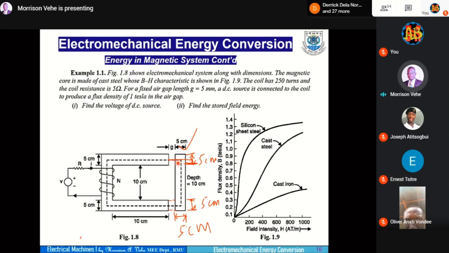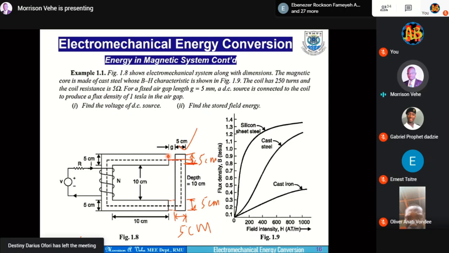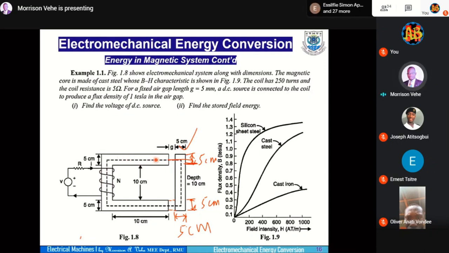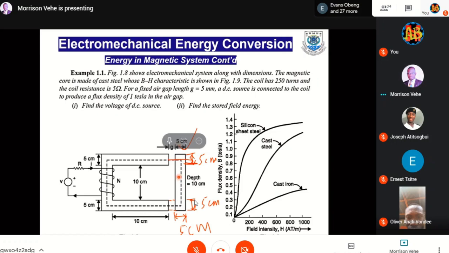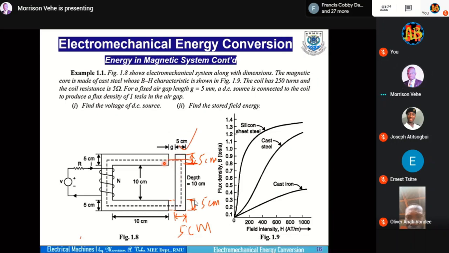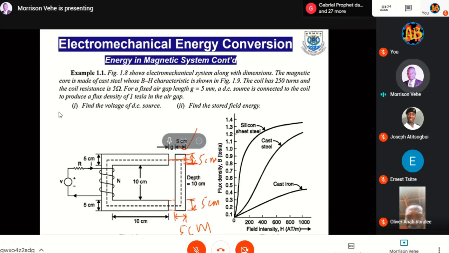These parts which are disjointed to this side have a space between them and the main core itself. That space is what we are calling the air gap. But if this is energized, flux will have to link the whole setup so that it will be able to either cause this arm or this part to close up with the core or pull it away.